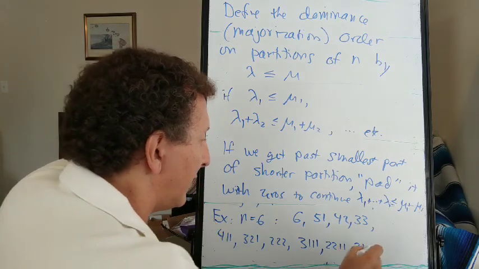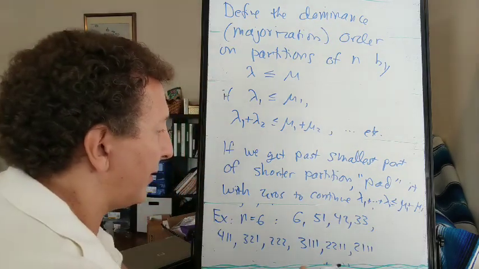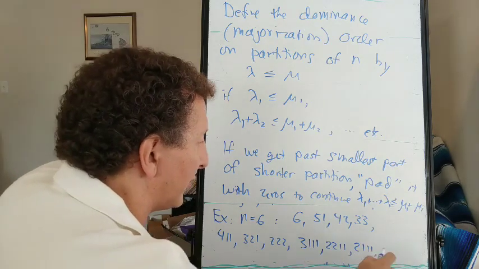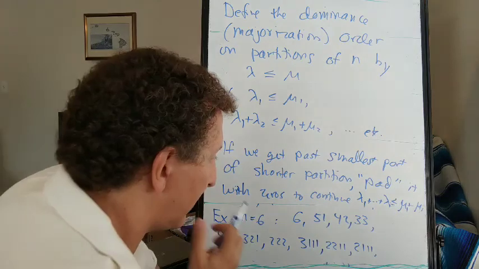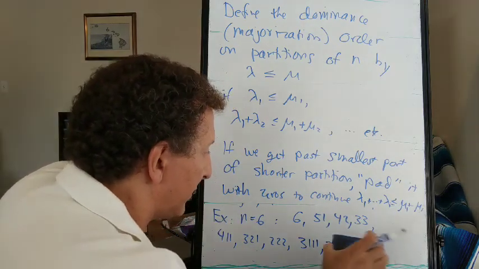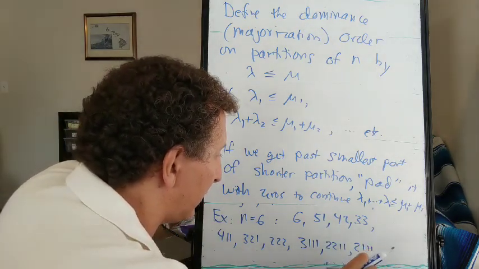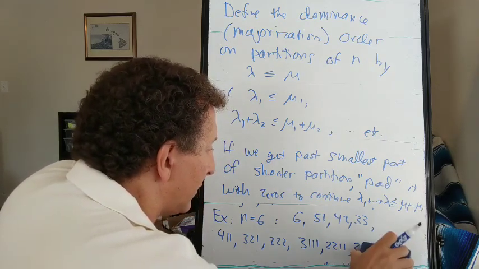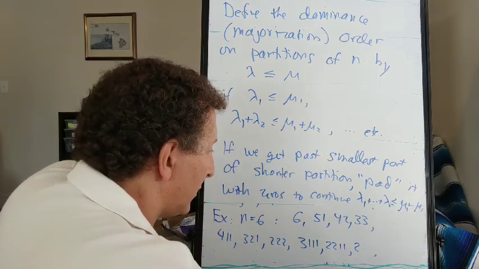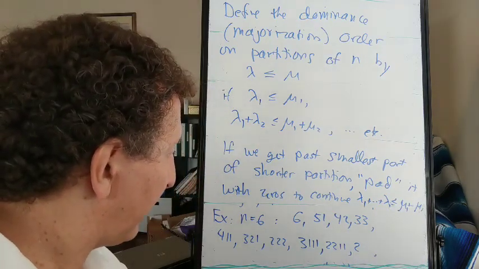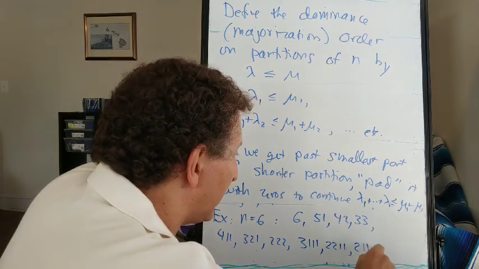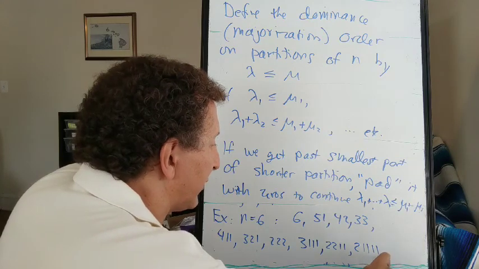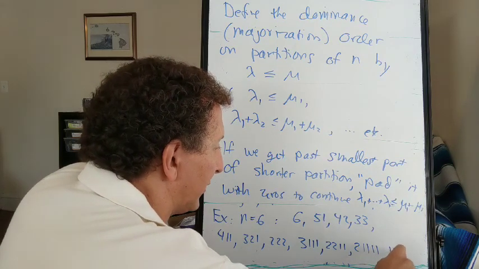Oh wait, that's 5. So for a 5-part partition, 2, and 4 ones. And then the single 6-part partition would be 6 ones.